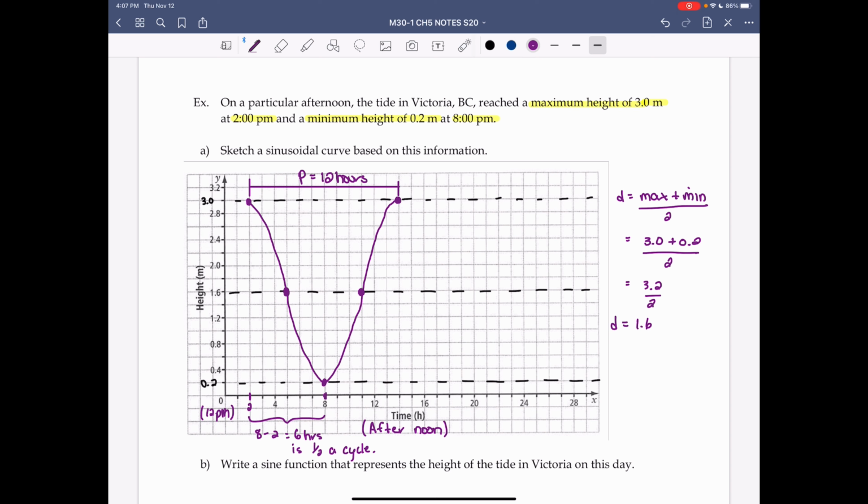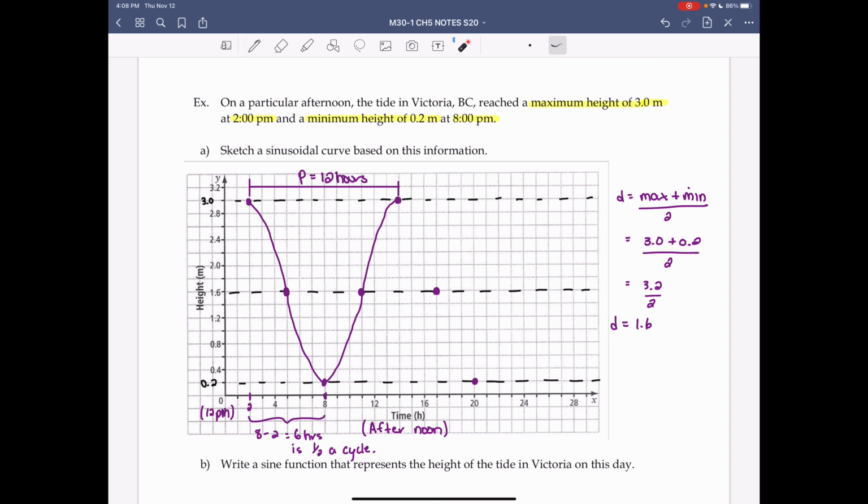Then I can draw the next cycle. From our last max, we go over 1, 2, 3, and then down to the midline. From that point, we go over 1, 2, 3, and then down to the minimum.